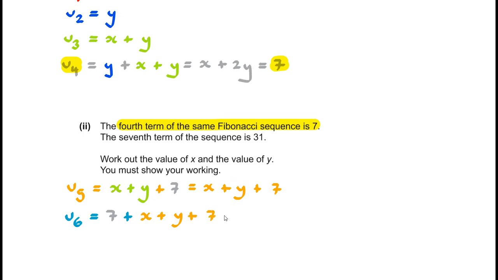So it turns out the sixth term is x plus y plus 14.